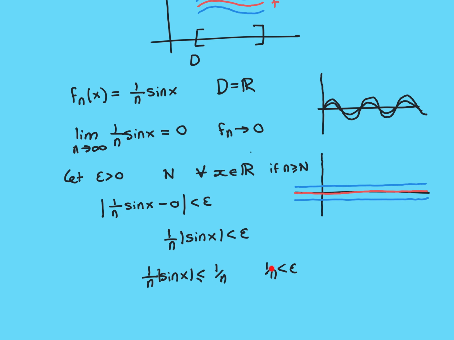So if you then make 1 over n less than your epsilon, then you are guaranteed that this inequality is true by transitivity, because if this is less than or equal to this, and this is less than epsilon, then you can conclude that this is less than epsilon. So all you now need to do is make sure that this inequality is true, that 1 over n is less than epsilon, so you pick an n such that this satisfies this.